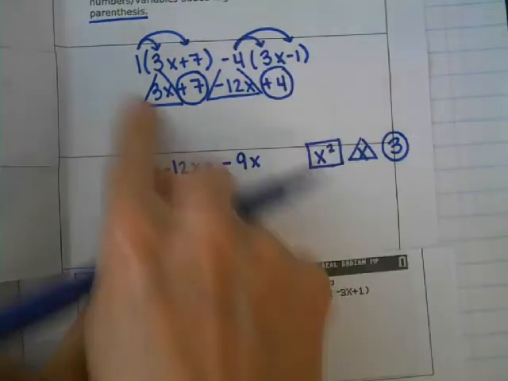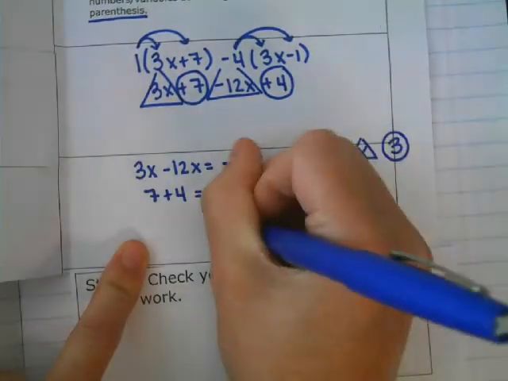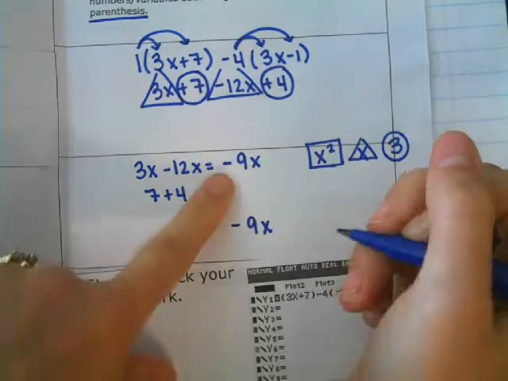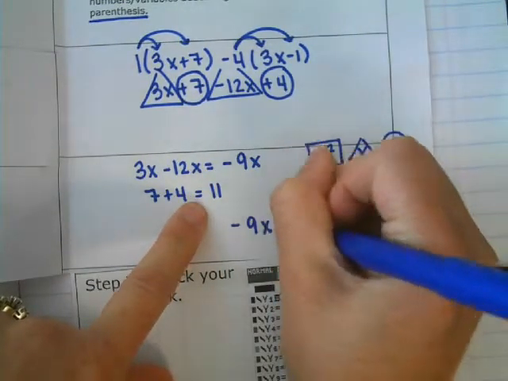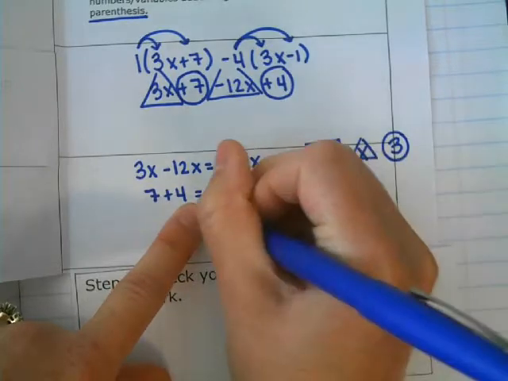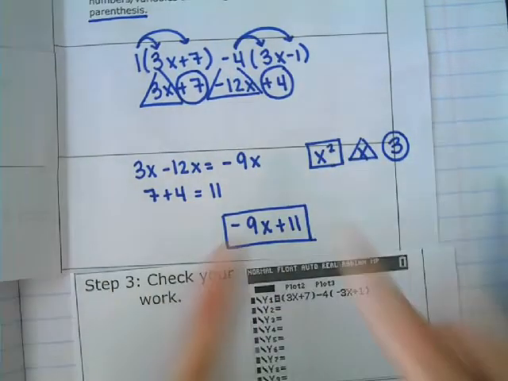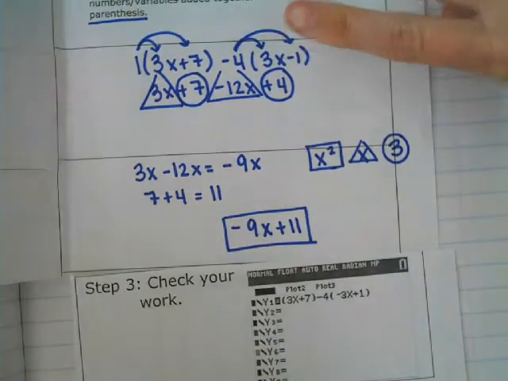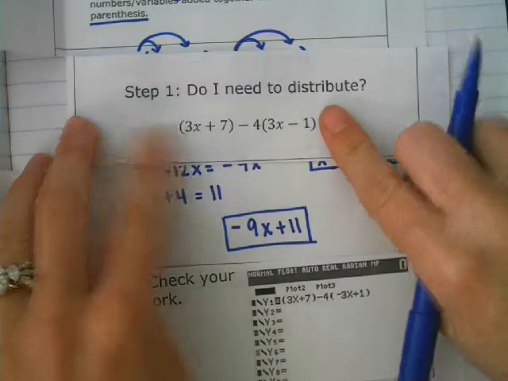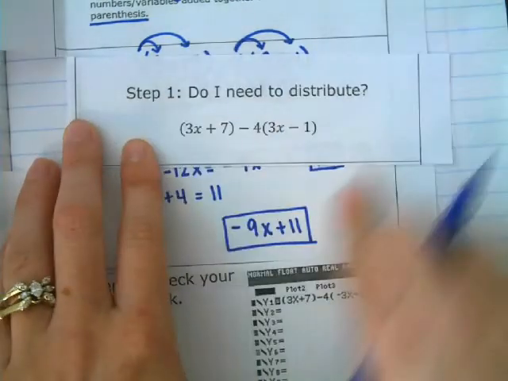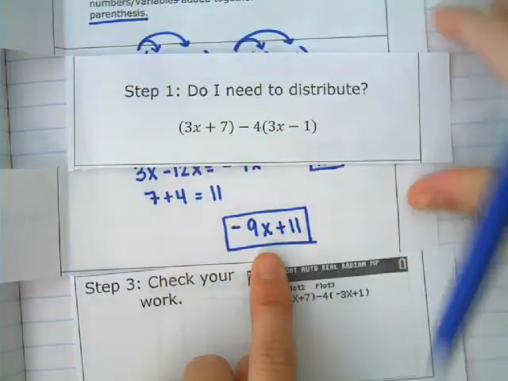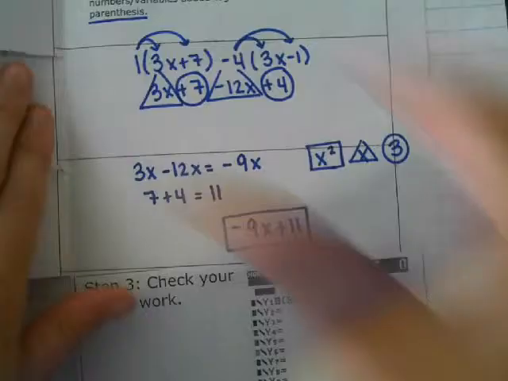Once we've simplified this expression, we get negative 9x plus 11. So we took an expression that looked like this and did all of this work to simplify it to negative 9x plus 11.